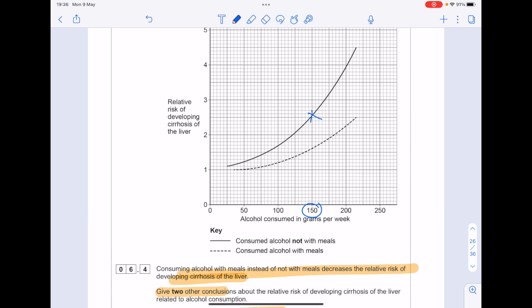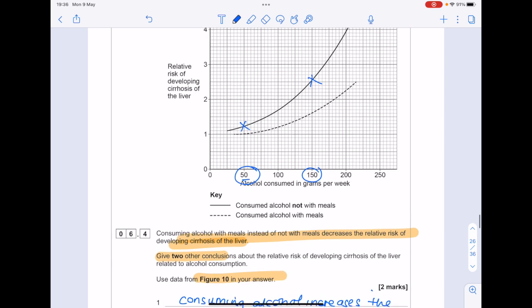I'm just using points which are easy to read off. So when you consume 150 grams of alcohol per week compared with 50 grams of alcohol per week for the person that didn't consume it with a meal, you can see that the relative risk increases from 1.3 at 50 grams to 2.5 at 150 grams.